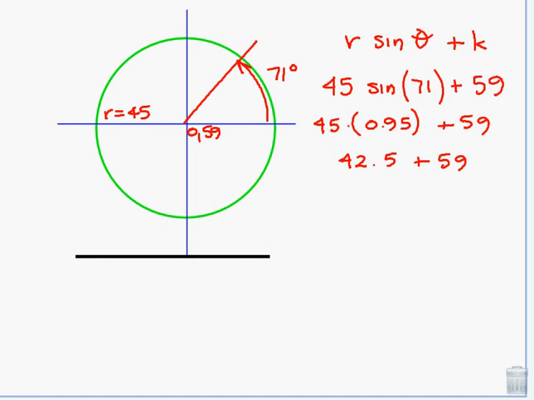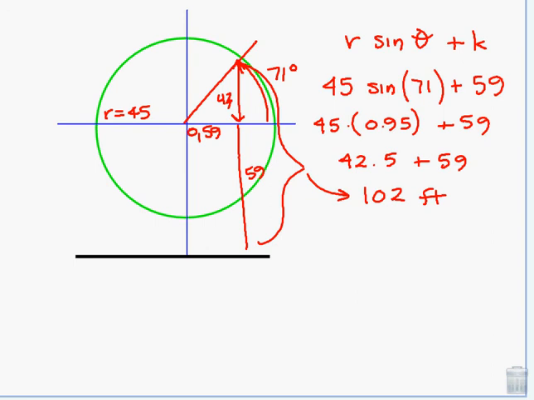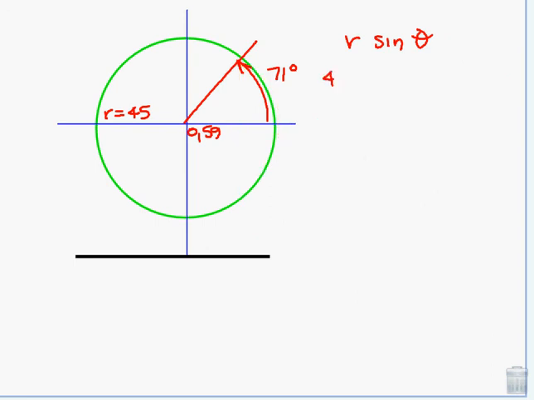The y coordinate is 42. I have to add 59 for the height, and I'm roughly at 102 feet. Now again, these are rounded numbers, so you'll have to do your calculation exactly. But the 43 feet or 42 and a half feet is my y coordinate. If I add the height of the origin, I end up with my 102 feet off the ground.